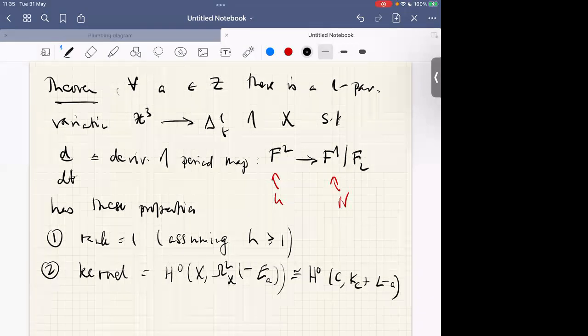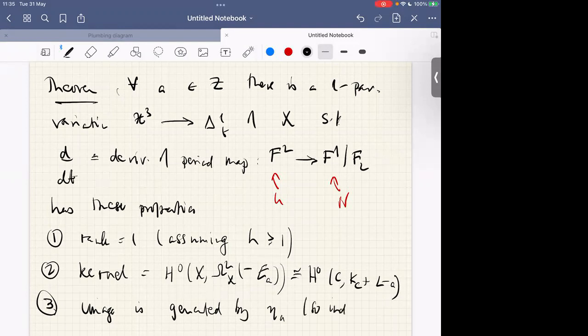And thirdly, its image is the line generated by the class of eta A. So in particular, indeed, eta A is in H^{1,1}.